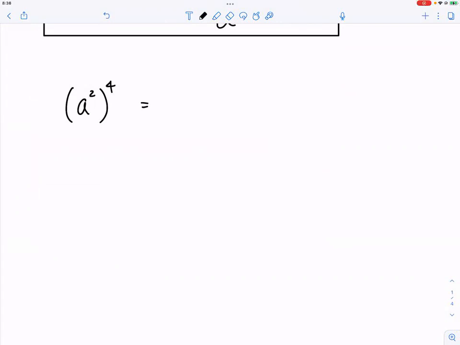Well, what's the meaning of fourth power? Multiply by itself 4 times. So that means we are multiplying a squared by itself 4 times, which gives you what at the end? A to the eighth power, right?